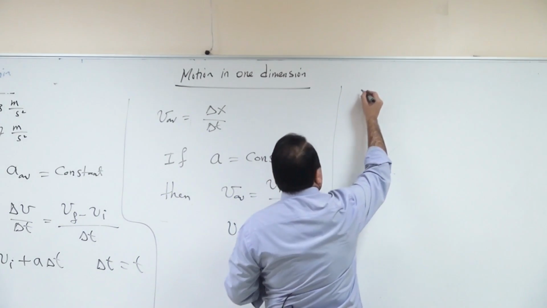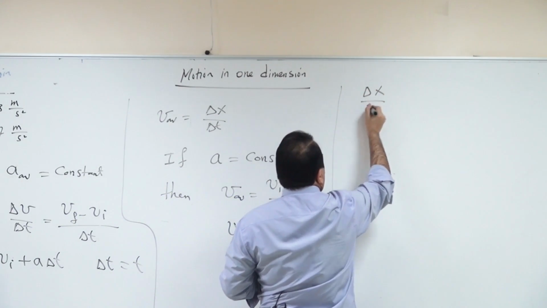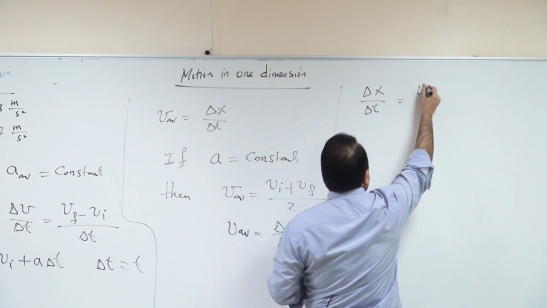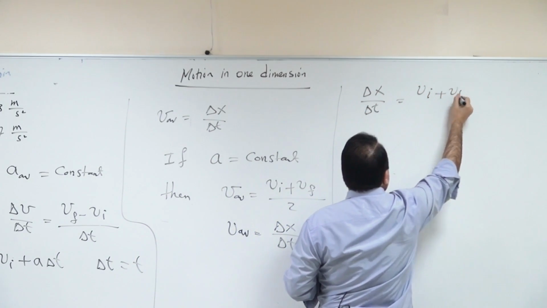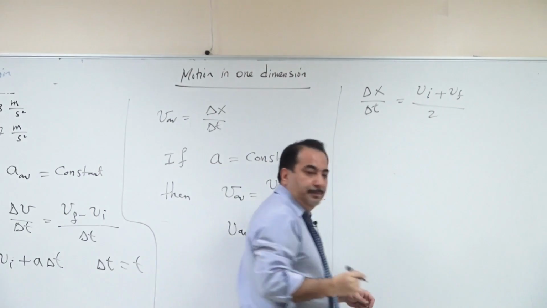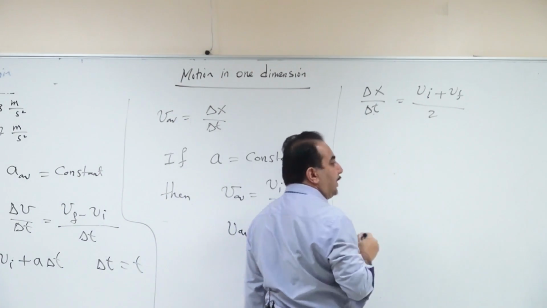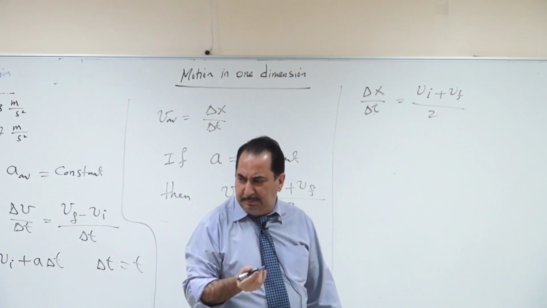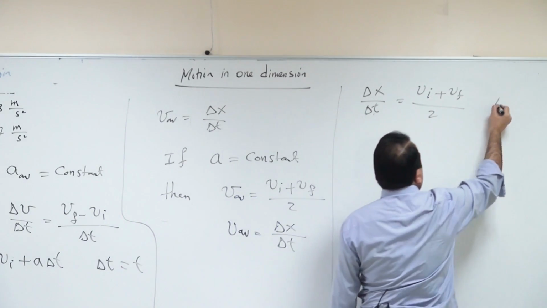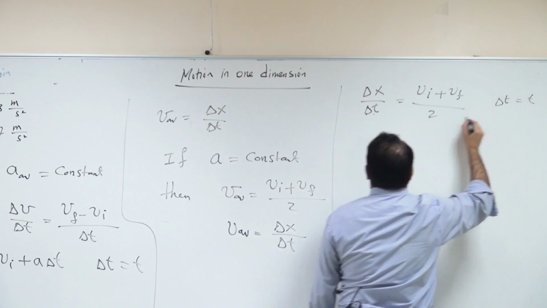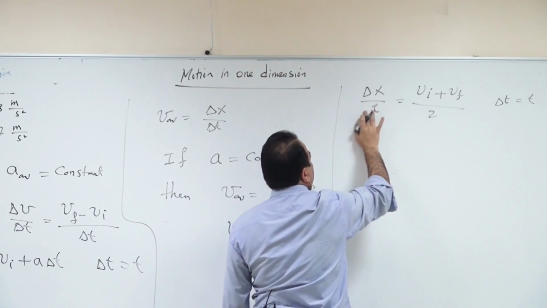So if I combine those two, I'll find delta x over delta t equals V initial plus V final over 2. Shall I change the delta t to t? Yeah, possible. So remember, delta t means t.